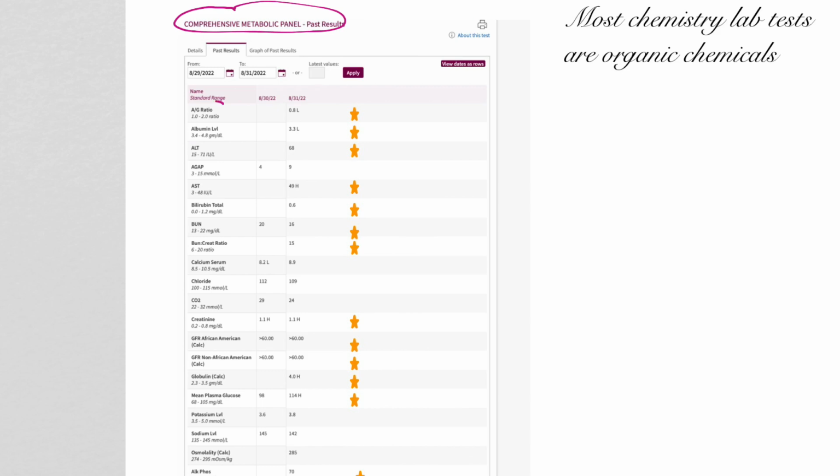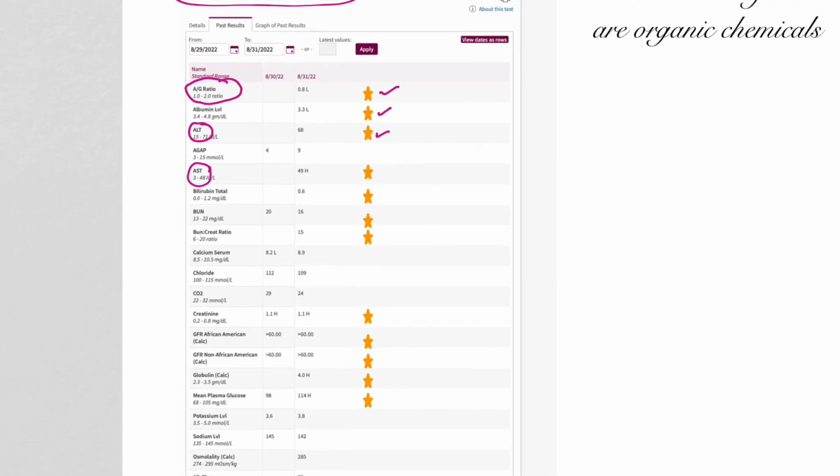So for example, albumin is a protein, globulins are also proteins, A/G ratio, ALT is an enzyme, a protein. So is AST, which we'll talk about, is a protein, two very important proteins, mostly for liver tests. Bilirubin is an organic chemical also.